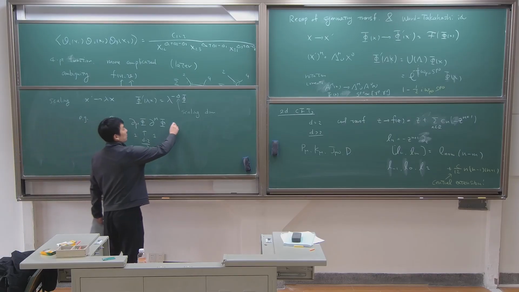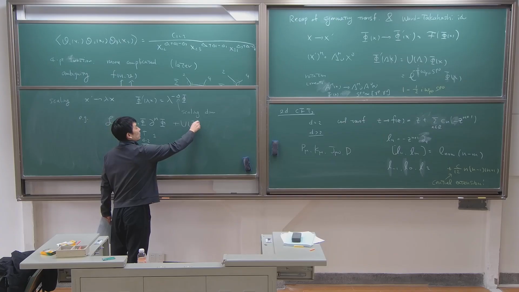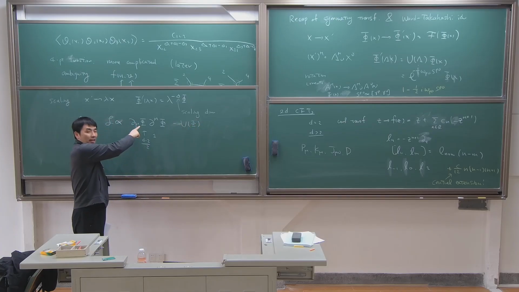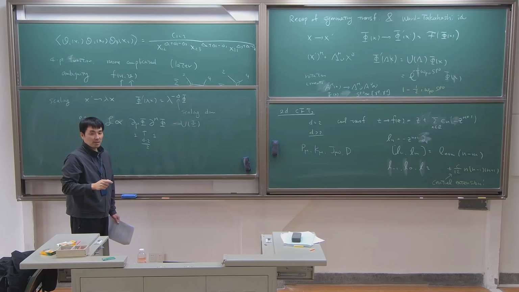But if you have some interaction term and so on, the classical scaling dimension will also change quantum mechanically. So that is called the anomalous dimension.